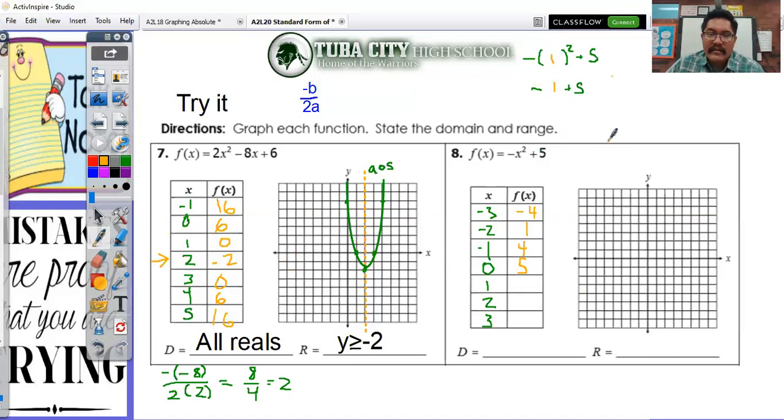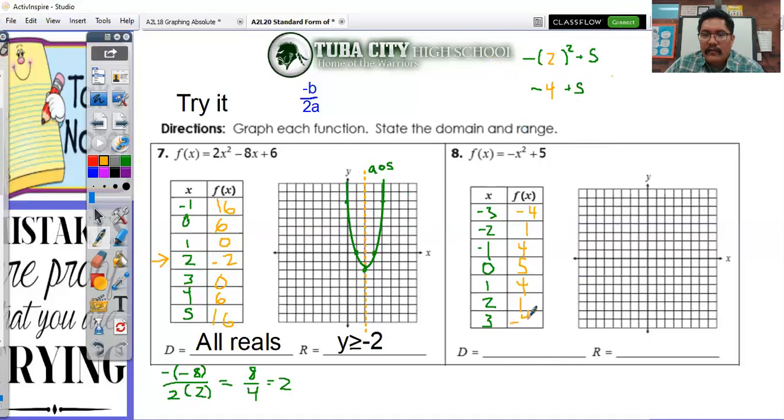1 squared is going to be, well, +1 anyway. And it's still going to be turned negative, so it's going to be -1 plus 5, which is going to be 4. And for this one here, we have 2, which 2 squared is 4, which is now -4 plus 5, which is 1.